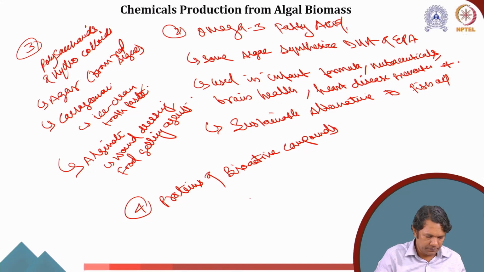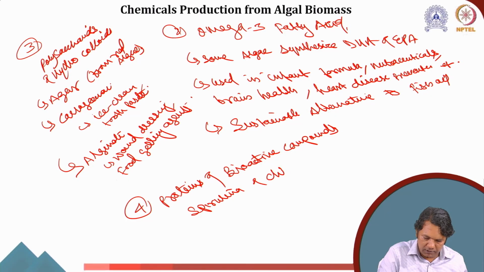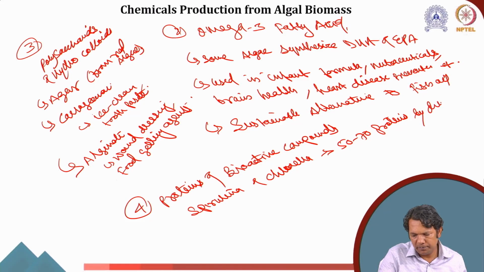Okay, so particularly spirulina and chlorella, 50 to 70% protein by dry weight.